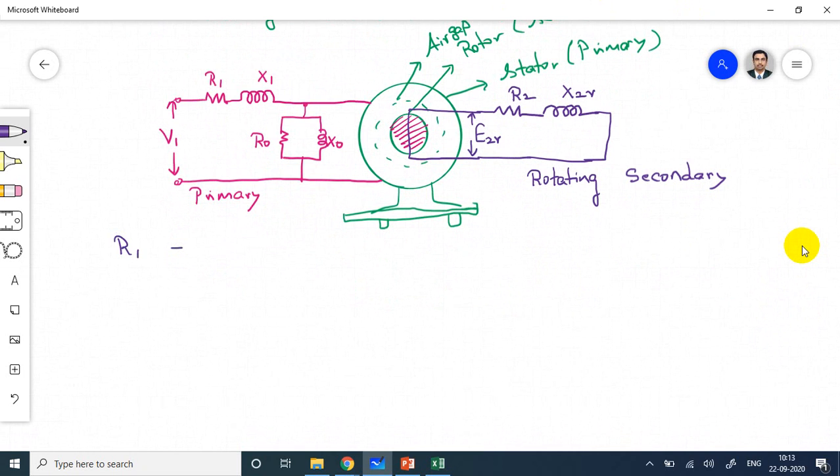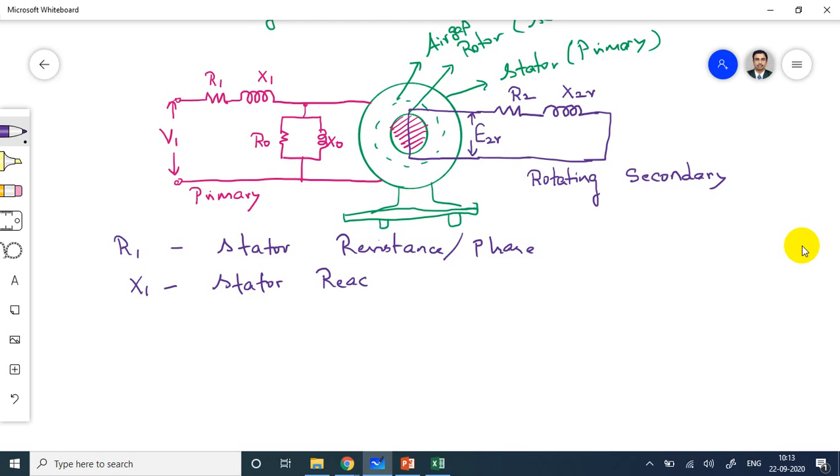R1 stands for stator resistance per phase, and X1 stands for stator reactance per phase, and R naught.